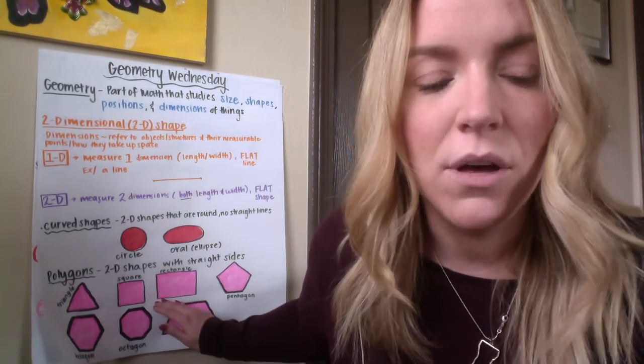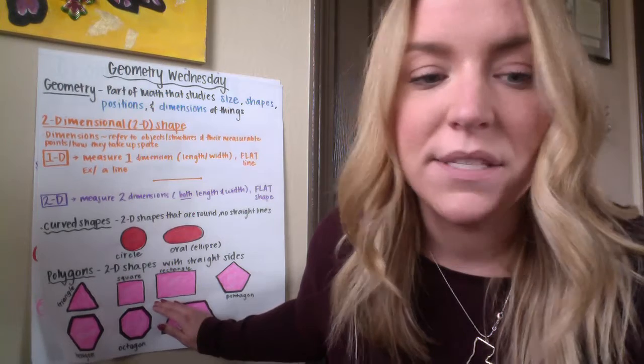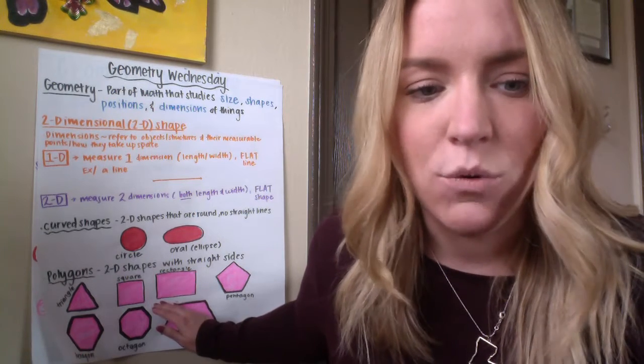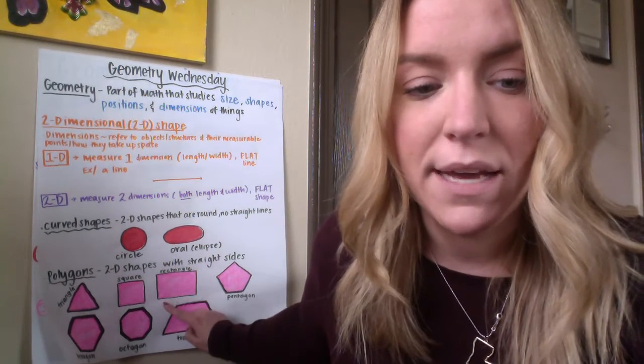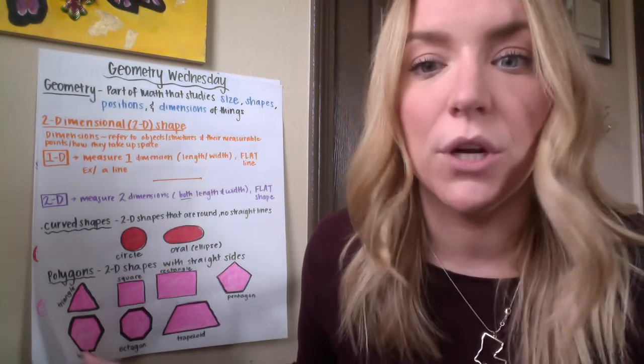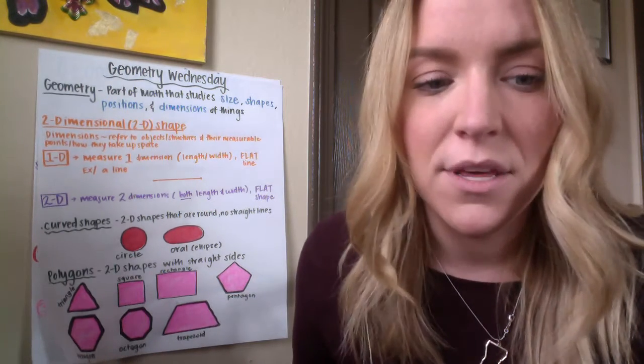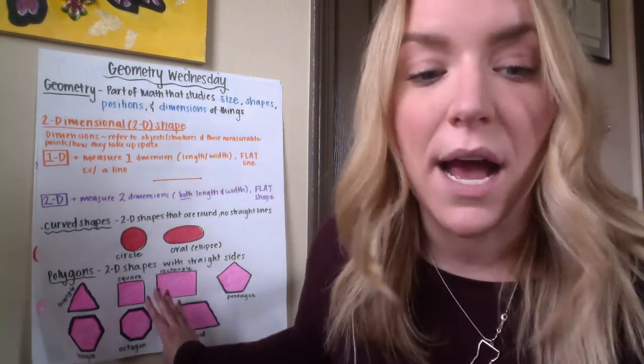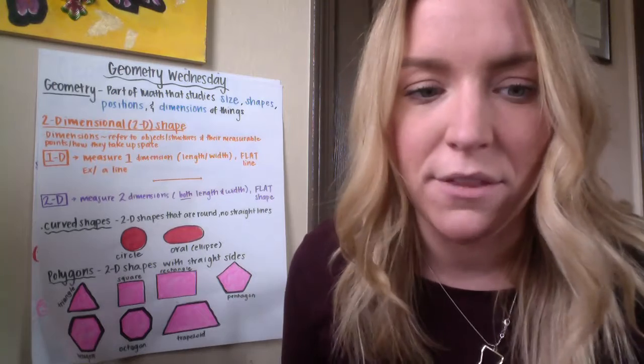A rectangle, another four-sided polygon, the sides do not have to be equal in length. Two of these sides will, and these sides will also match. They'll be similar or the same size in length, but the four sides do not have to be equal in length to be a rectangle.